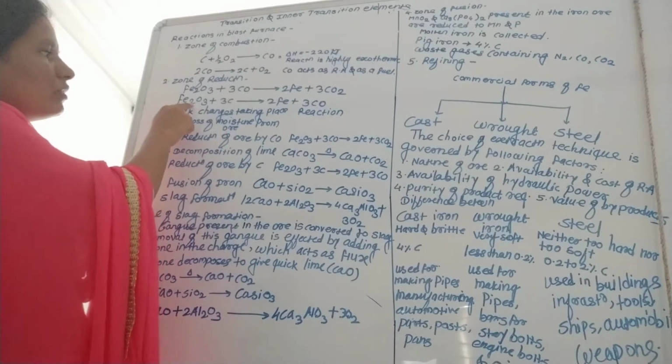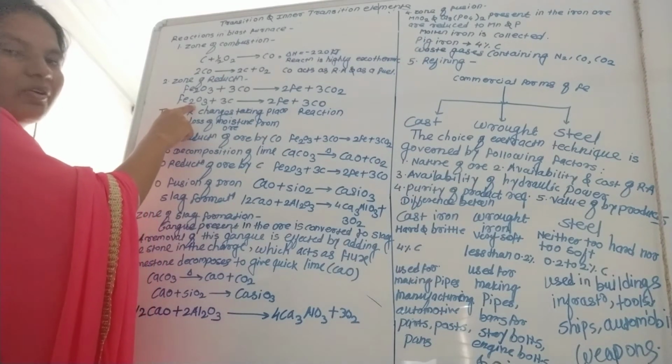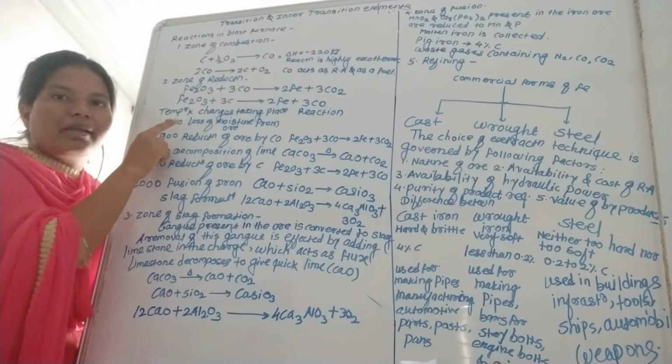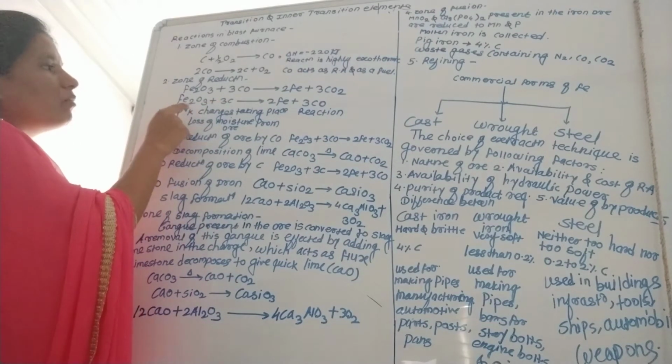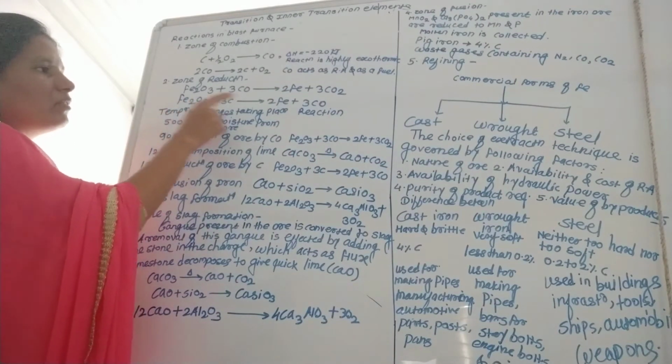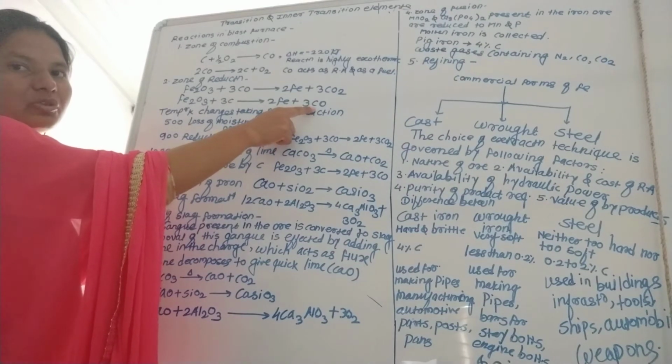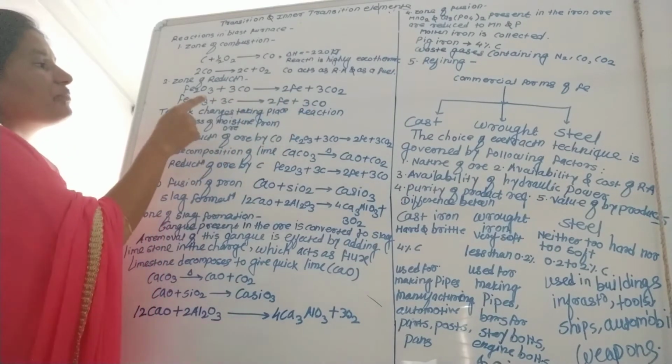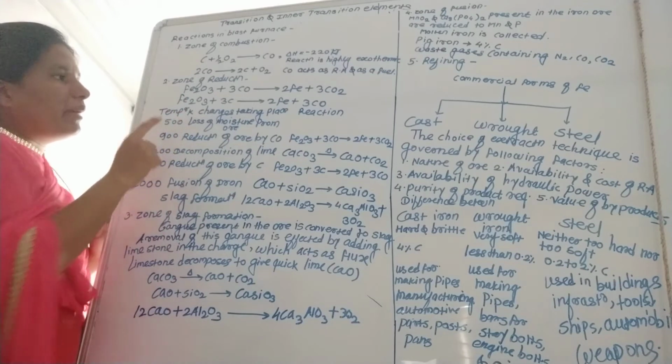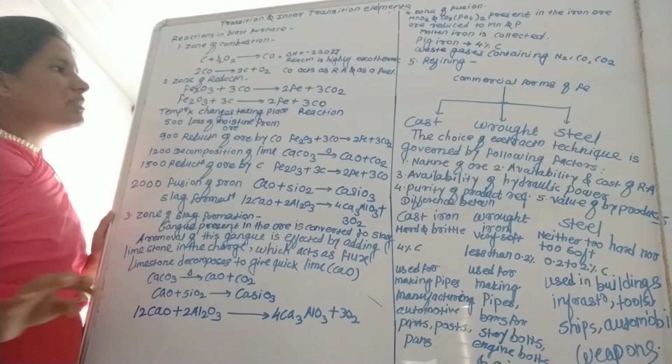Reduction of ferric oxide, the oxides of iron, also takes place with the help of carbon. What will we get? 3 carbon and 3 oxygen combine together, forming 3 moles of carbon monoxide and 2 Fe. Temperature changes are taking place.